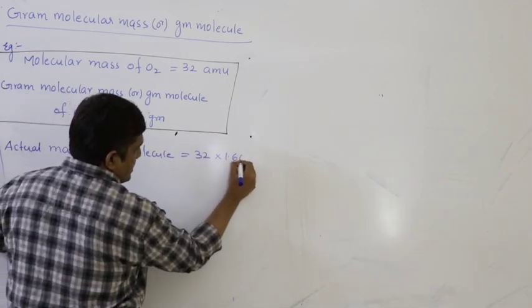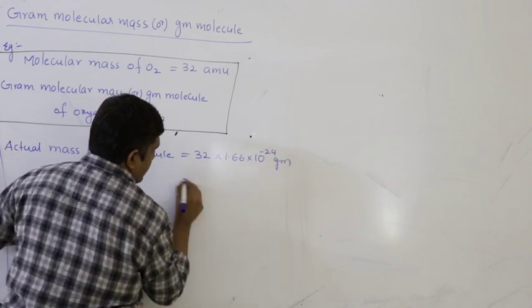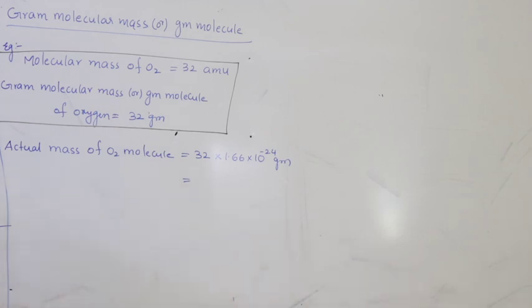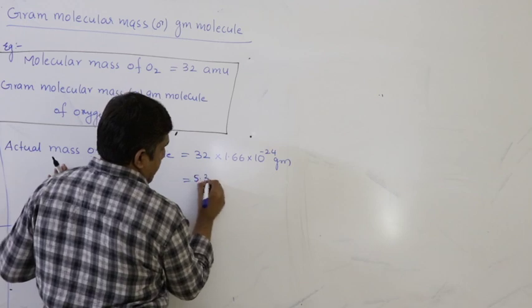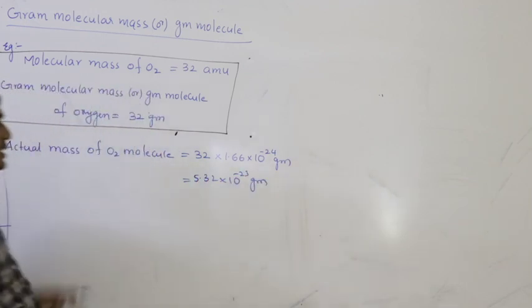AMU is 1.66 into 10 power minus 24 grams, which is equal to around 5.32 into 10 power minus 23 grams.